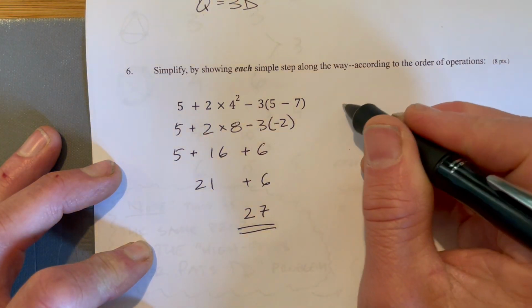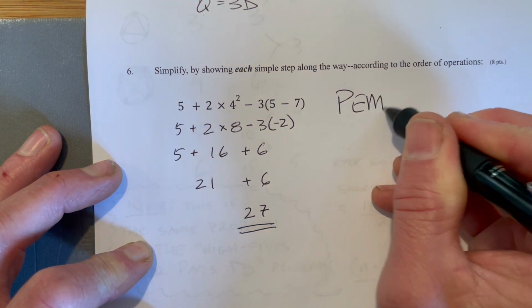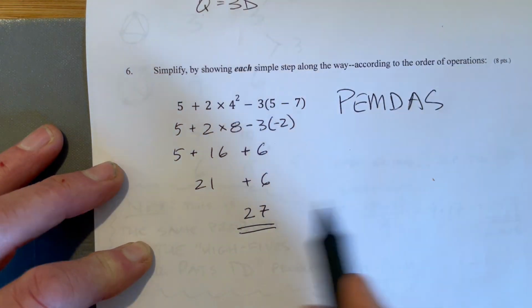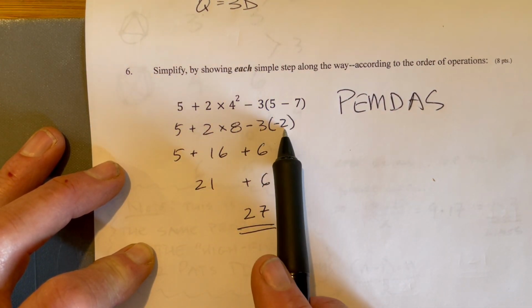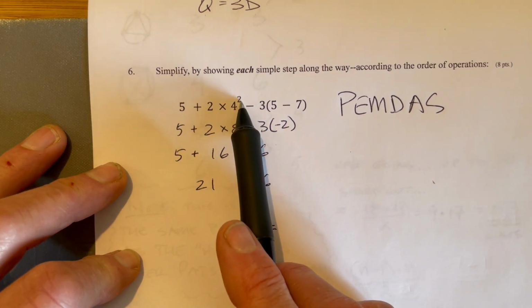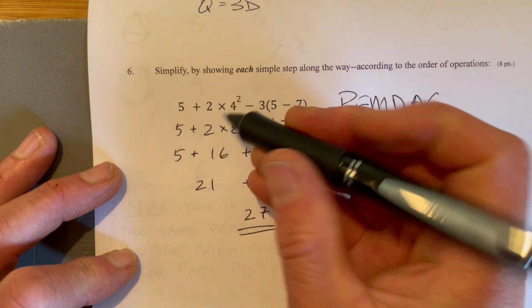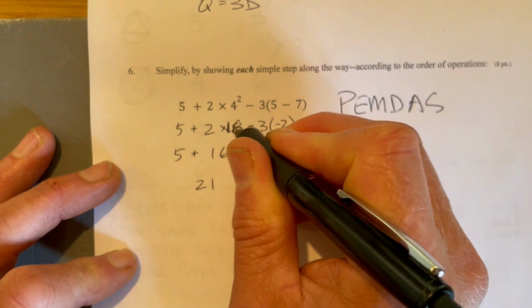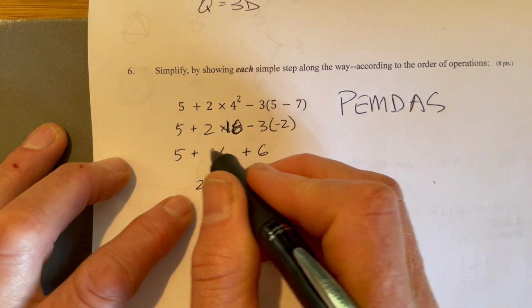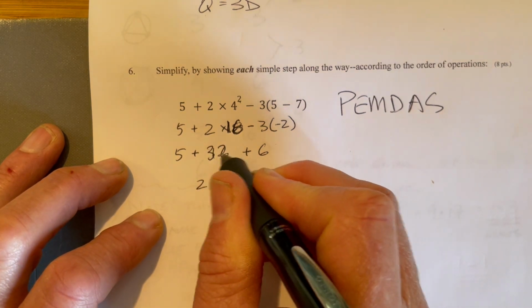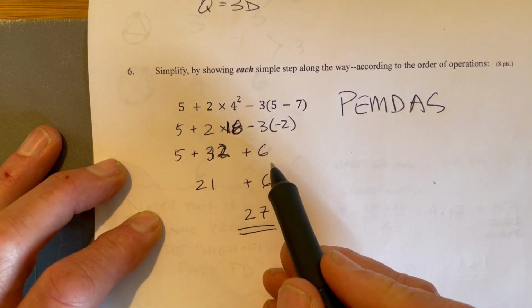Knowing the PEMDAS rules is important. So check out that I did the parentheses first. 5 minus 7 is -2. I did the exponents. Oh my goodness, Mr. Olson, I am going so fast. I was doing this early in the morning. What is 4 squared? That's 16. 16 times 2 is 32.